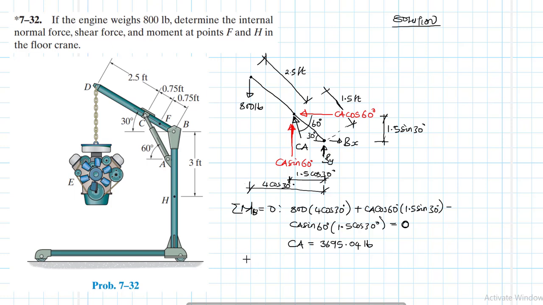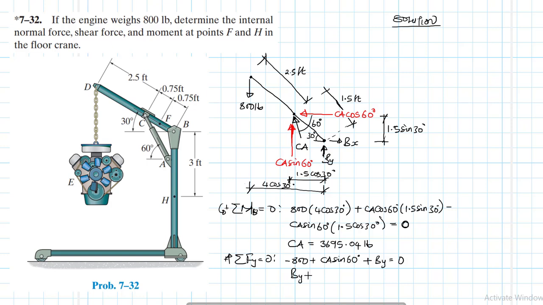Let's find the components of By. Summation of forces in the y direction equal to 0. Okay. We have minus 800 plus CA sine 60, then plus By equal to 0.